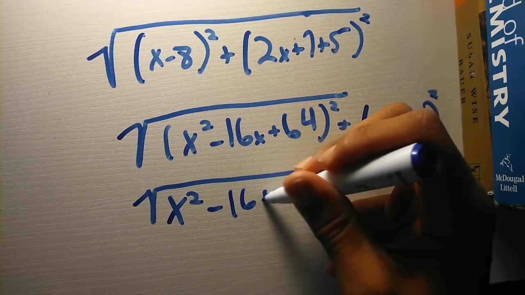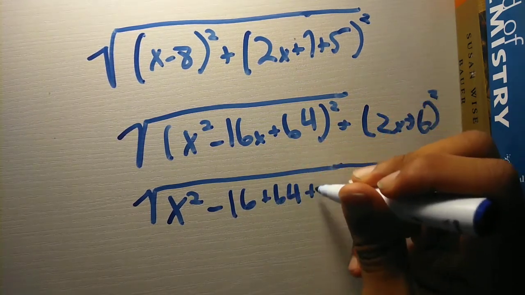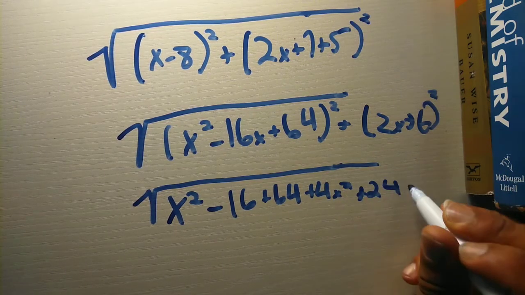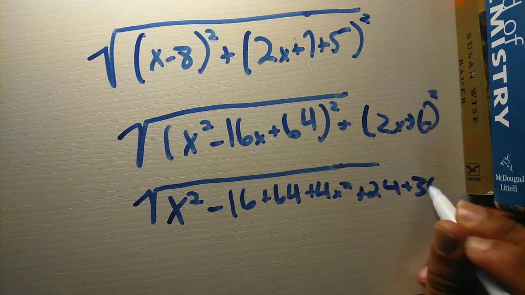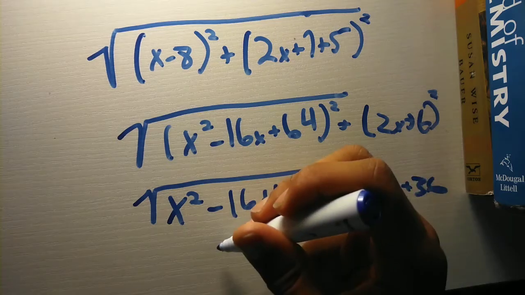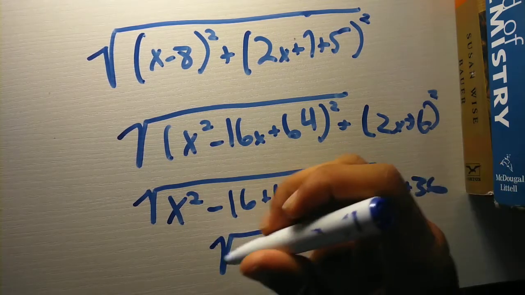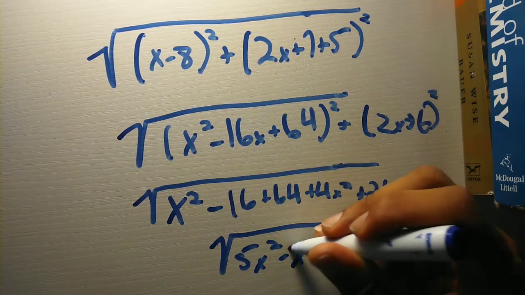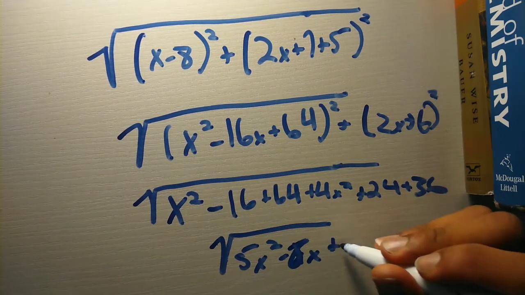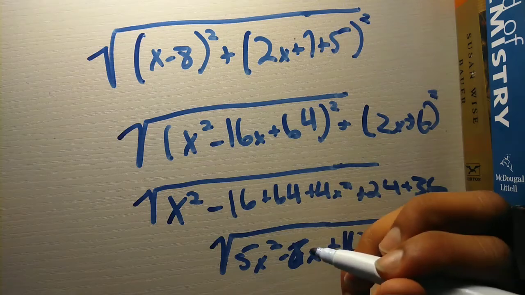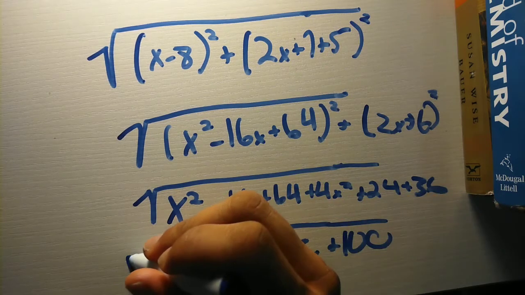Our final answer would then be 5x squared minus 8x plus 100. That is for sure a mouthful. And so this equals the distance.